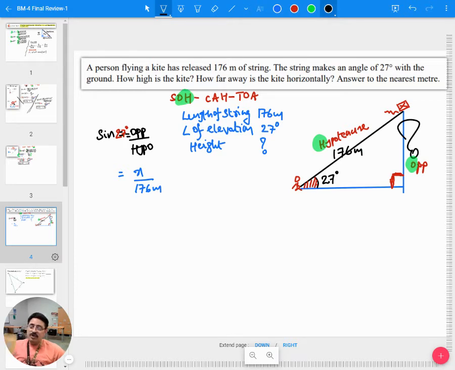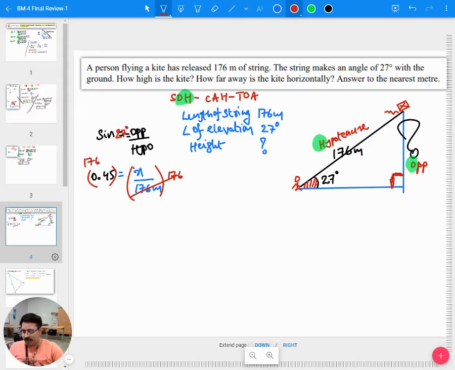So I'm making use of my calculator again. What is sine 27? Sine 27 equals 0.45. You know how to isolate x. We eliminate by taking the inverse operation, which is times 176 on both sides.